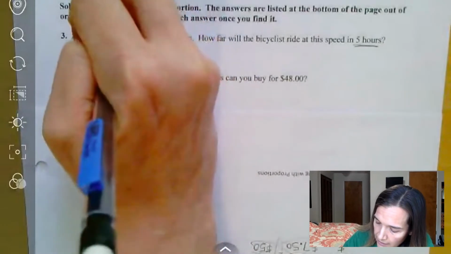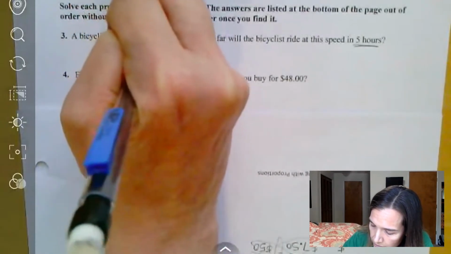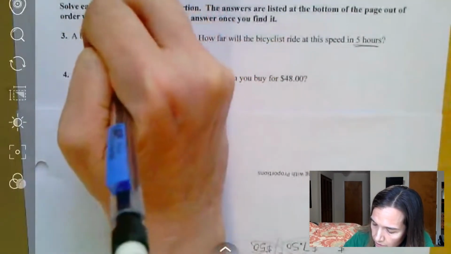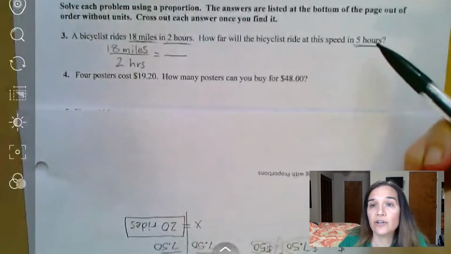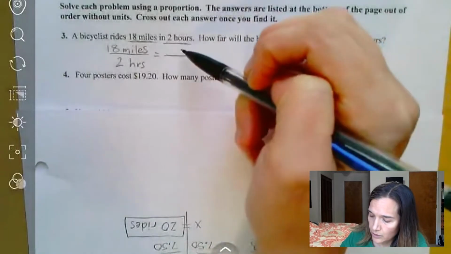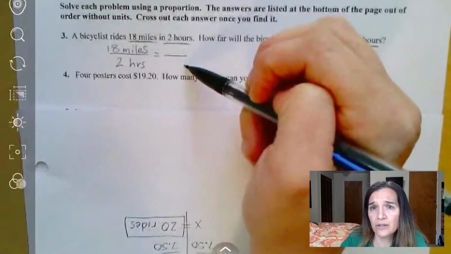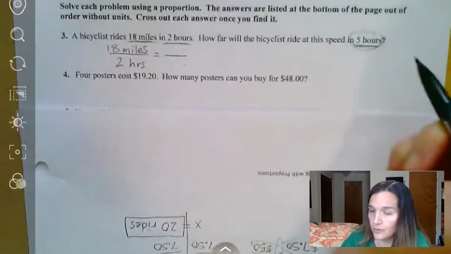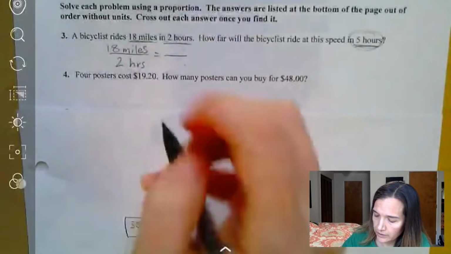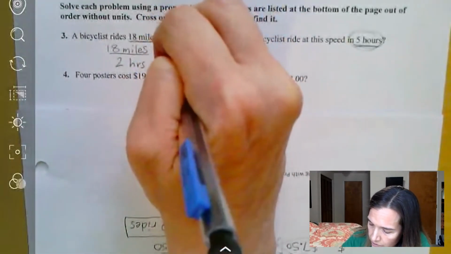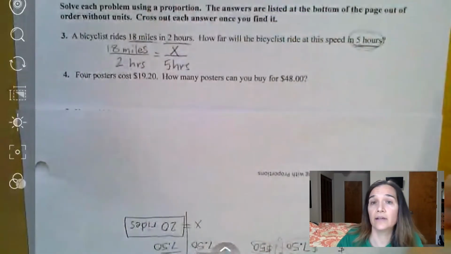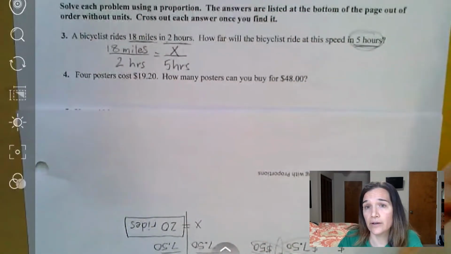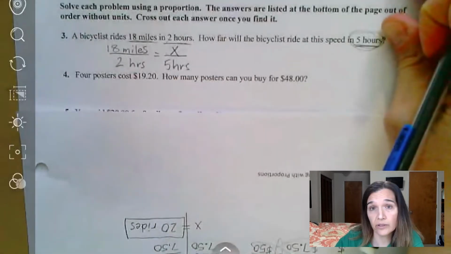So if I write 18 miles over 2 hours for my first fraction, my second fraction needs to have 5 hours in it. Do I put it in the numerator or the denominator? Aha, hours. I already said that's going to go down here. So that's where my 5 hours goes, which means that my X, the thing I don't know, goes there. And so now I can do my cross multiplying and solving.